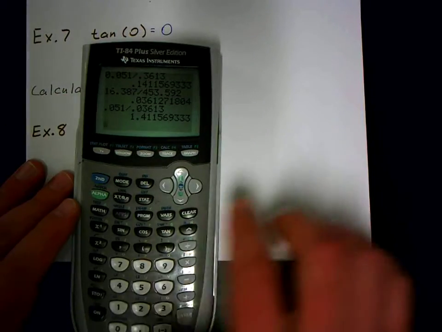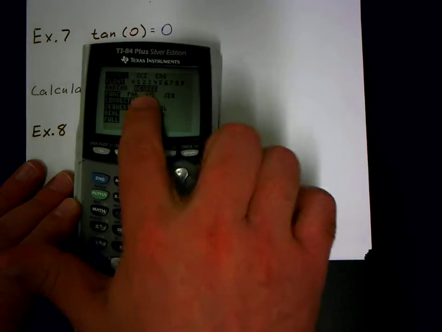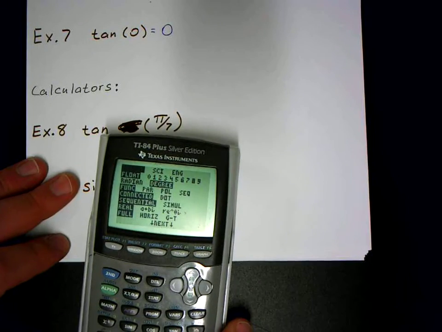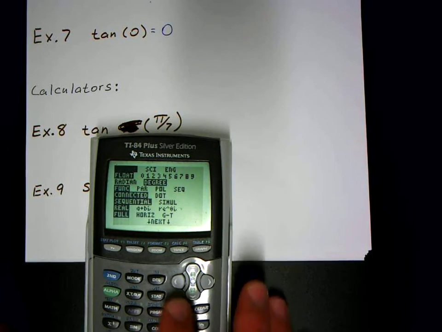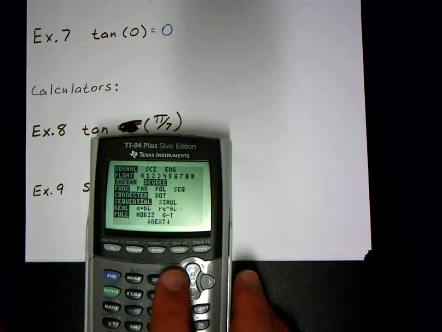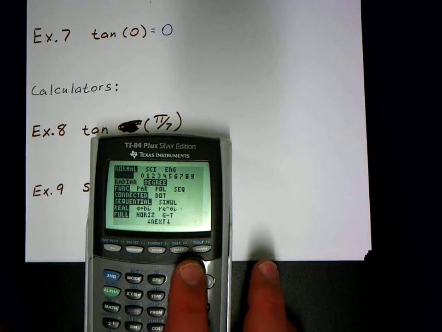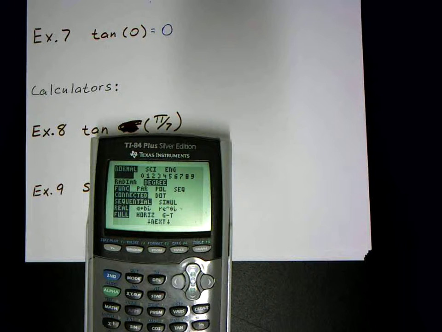My graphing calculator here says, if I go to mode, says it's in degrees. So if you're in graphing calculator, you hit mode, you come down here, you switch it between degrees and radians.